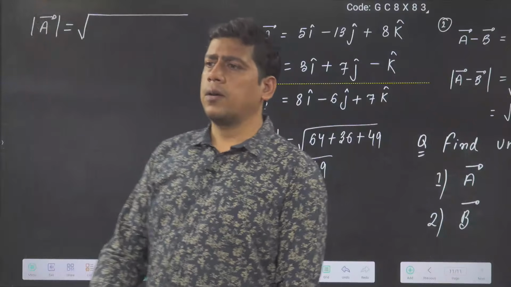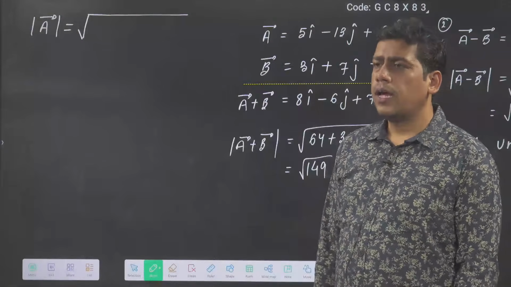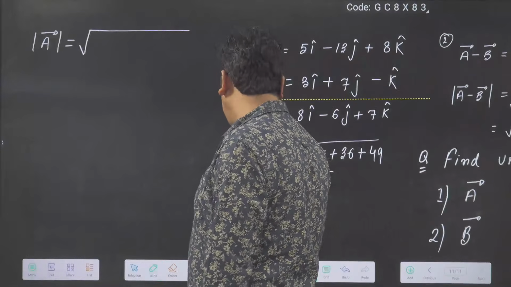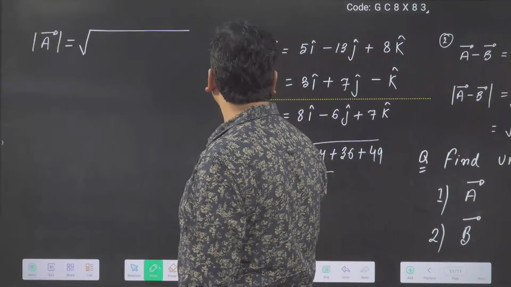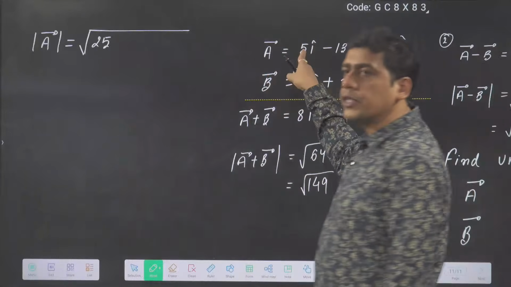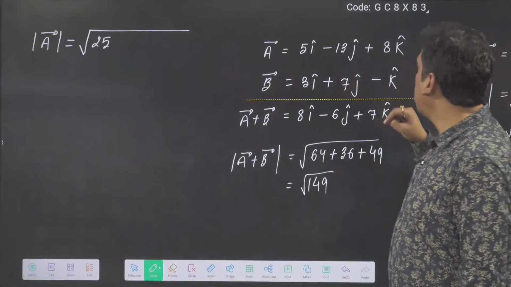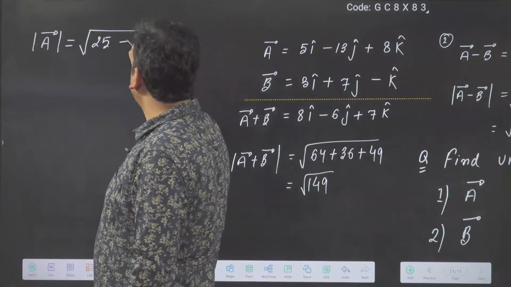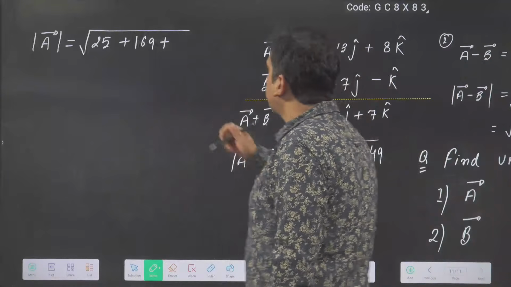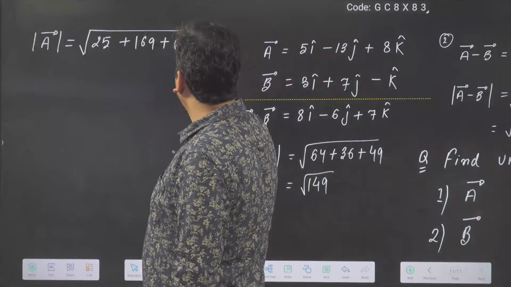Okay, so some of you are participating, and I think almost all answers are correct, more or less. Let's check what is the magnitude of A vector. So 5 square will be 25. 13 square, I think it is 169. Correct me if I am wrong. And 8 square is 64.